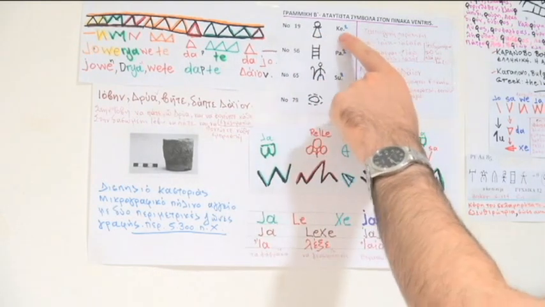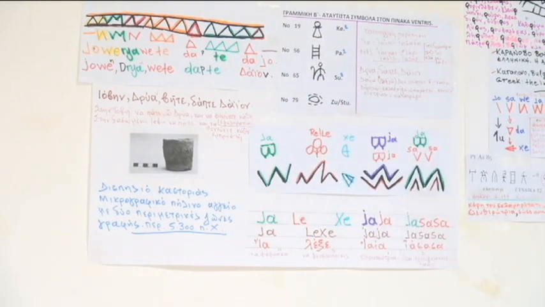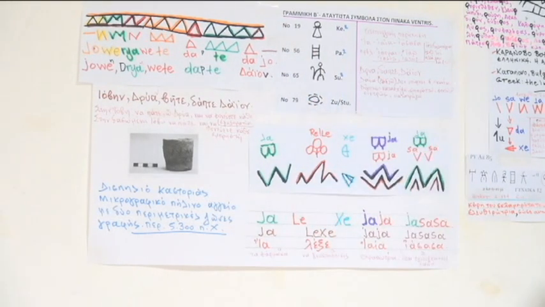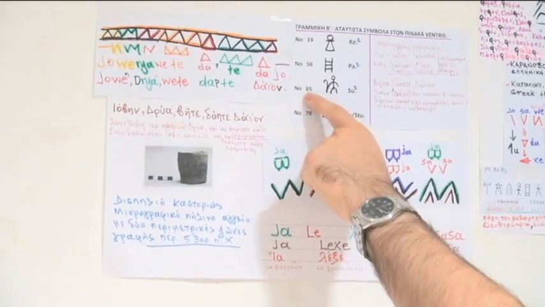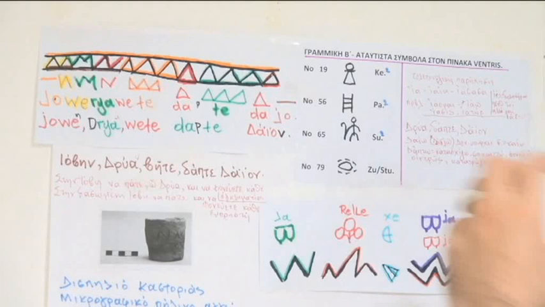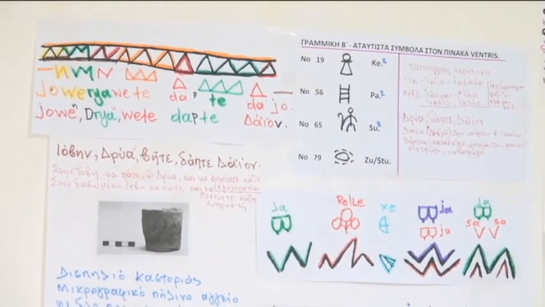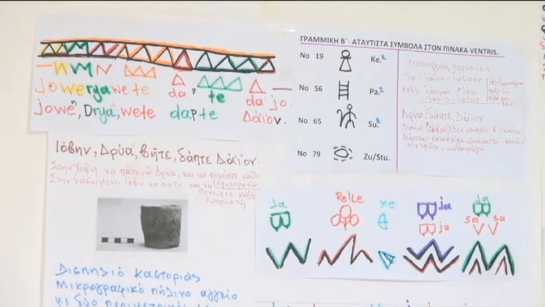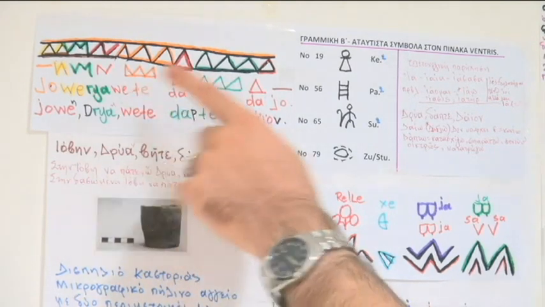So number 19 is Ke, just a boy, as you know it. Number 56 is Pa, right? Number 65 is Su, and number 79 is an I, so it's a Zu or Stu. That's all about it. Now, let's come to the first reading.